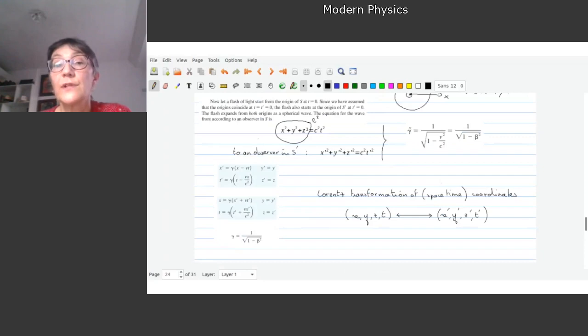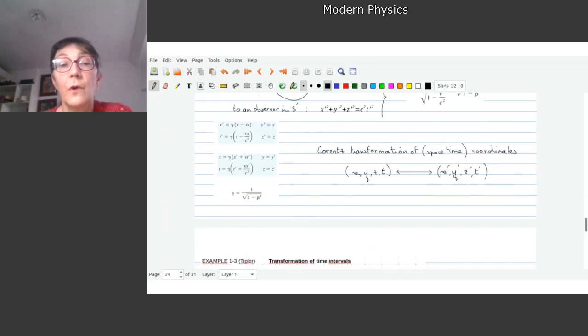that gamma is a coefficient that depends on the relative velocity of the two frames. And so you can apply it. This is called the Lorentz transformation of space-time coordinates. We don't have space coordinates anymore.